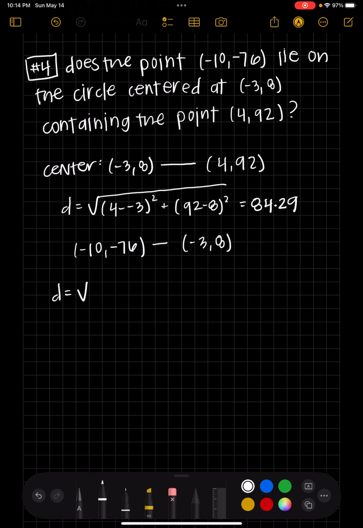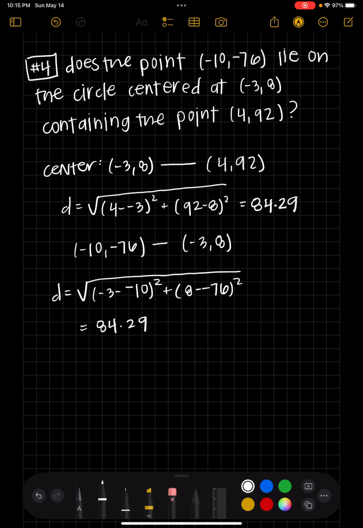I'm going to have -3 minus -10 squared plus 8 minus -76 squared. Let's plug this into a calculator.